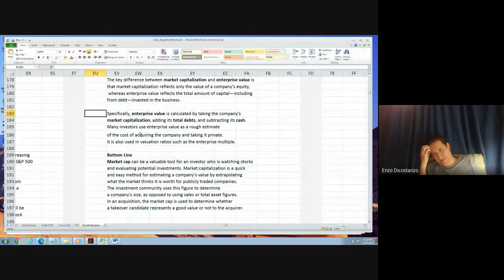But yeah, so that's what enterprise value is, and I remember when I worked for Wall Street Training, we always taught that a lot.